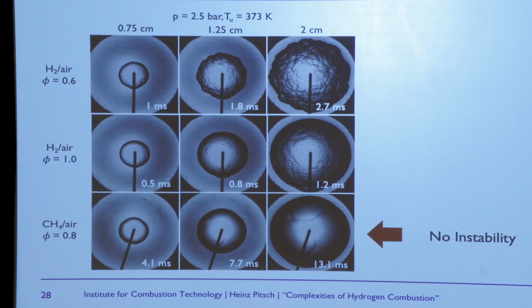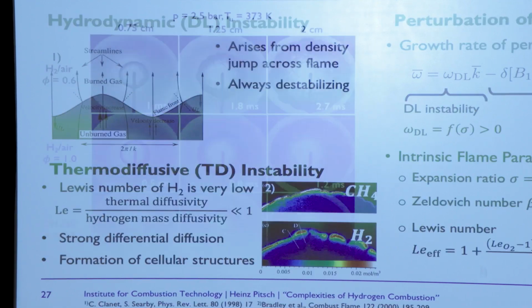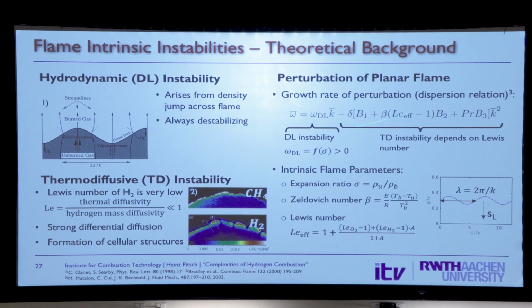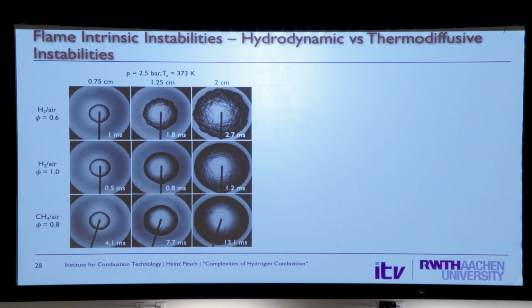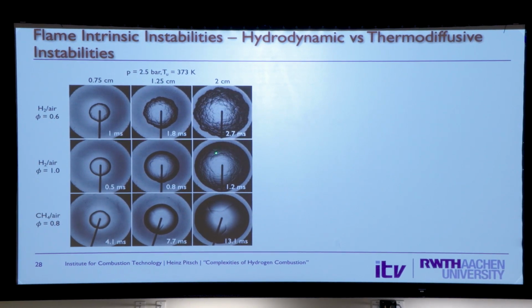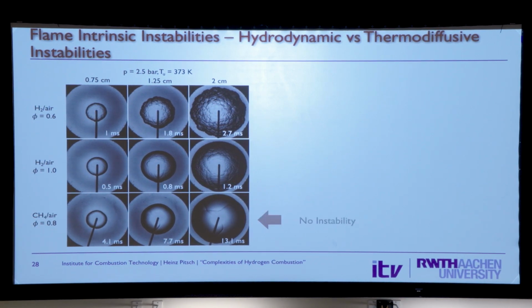And then if I look at a stoichiometric hydrogen flame, then you see this is 0, and you shouldn't get a thermodiffusive instability. But you see you get some instability, but it's very weak. You look at the perimeter of this sphere, and it's very smooth. So this is just a hydrodynamic instability.